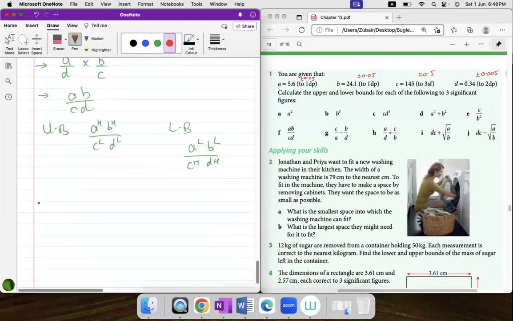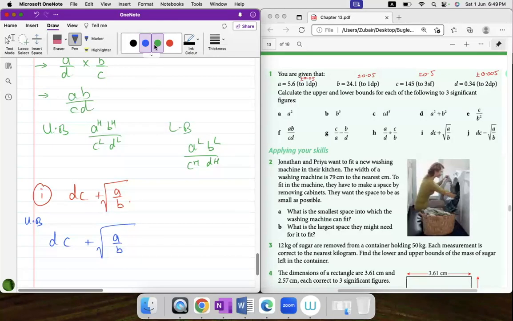I'm coming to the I part: DC plus the square root of A over B. So for the upper bound, let's decide what we use. For the upper bound, is D higher or lower? For D, we would use the higher.